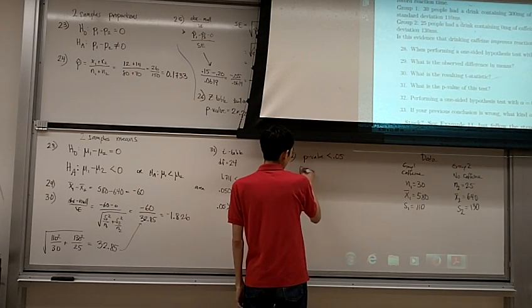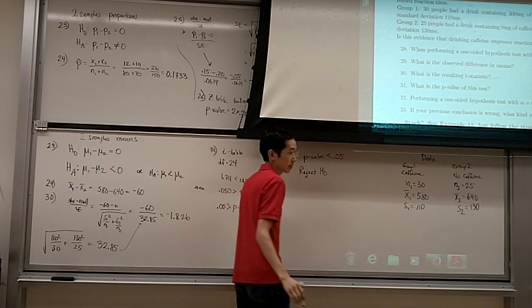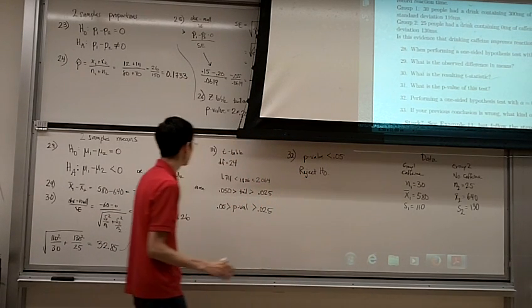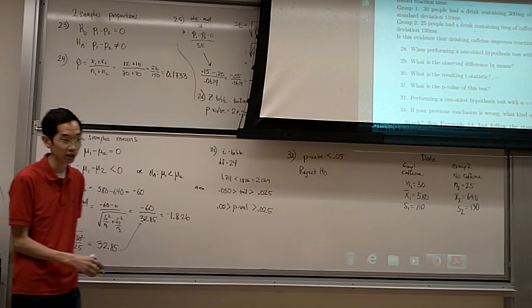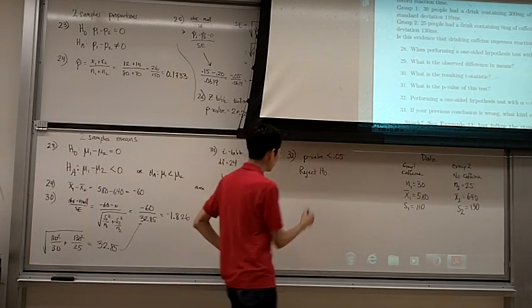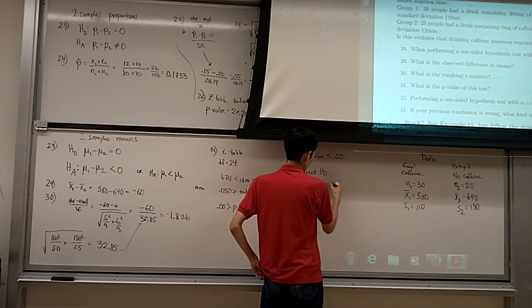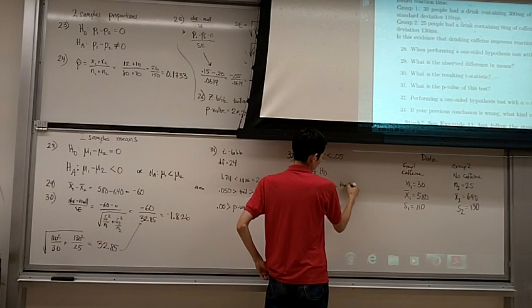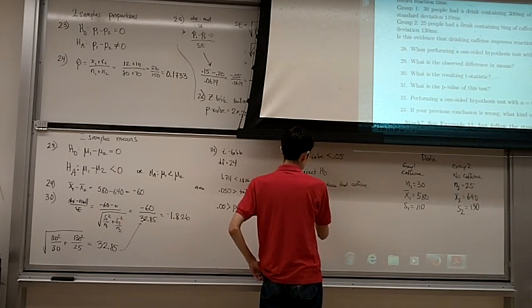That means I reject the null hypothesis. Rejecting the null hypothesis means caffeine does or does not improve reaction time? It does. We have evidence that caffeine improves reaction time.